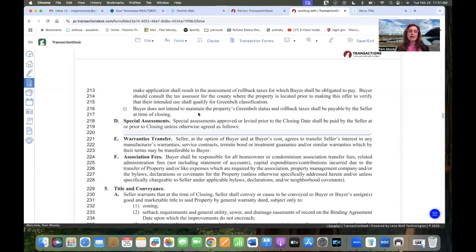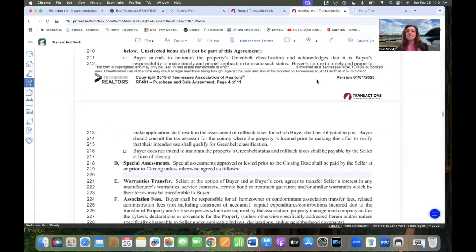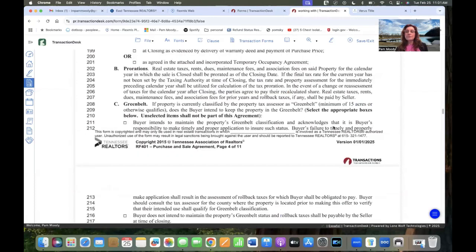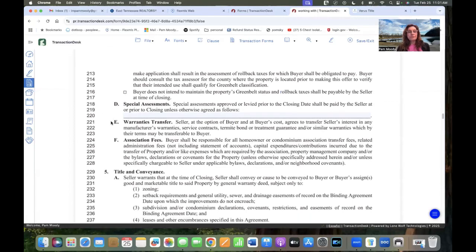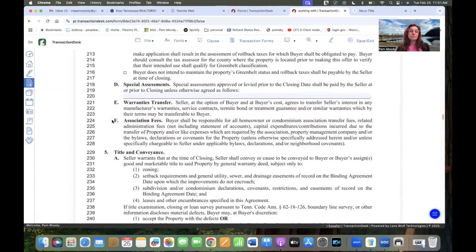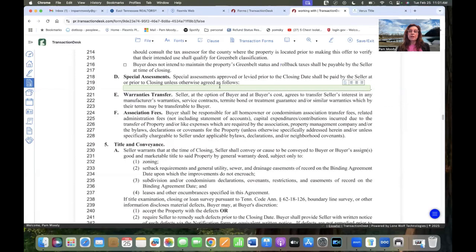If buyer does not intend to maintain the greenbelt status, again, this is only for a minimum of 15 acres, so 15 acres or more. Special assessments approved or levied prior to the closing date shall be paid by the seller at or prior to closing unless otherwise agreed as follows. That's very unusual. It's usually kind of left blank.